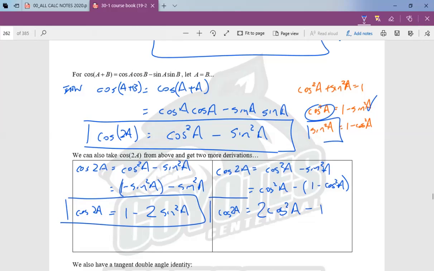That ends up being our third version of cosine double angle.